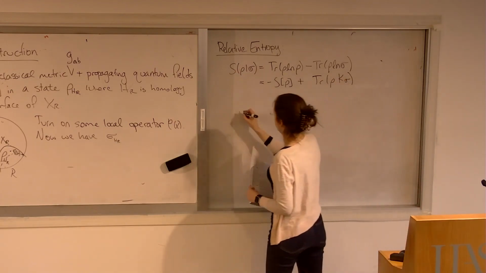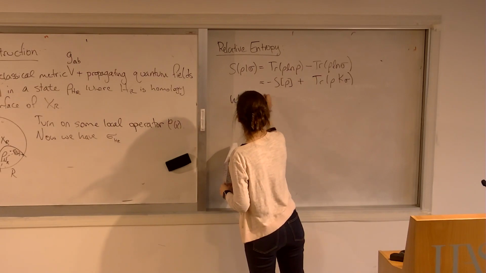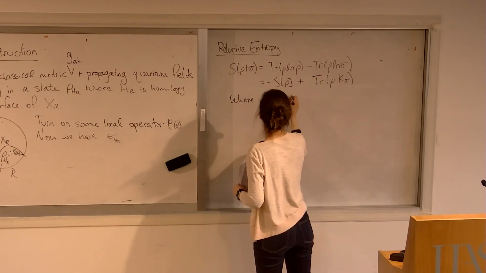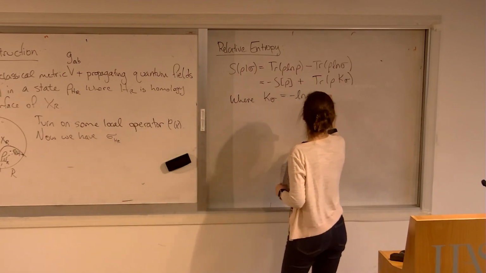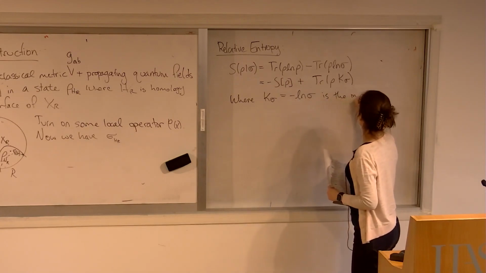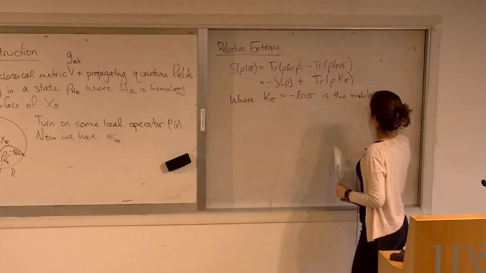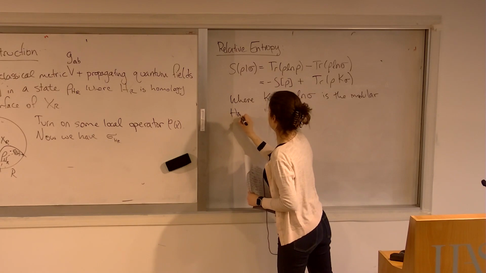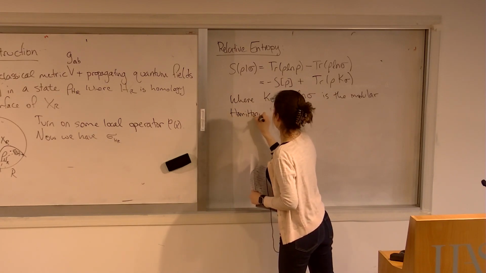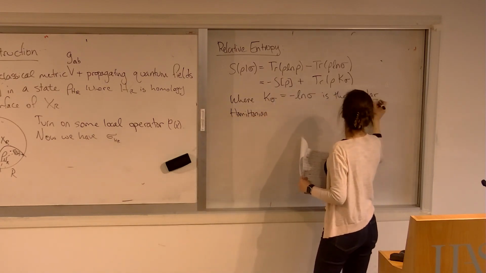So K sigma, minus log sigma, is the modular Hamiltonian of sigma.